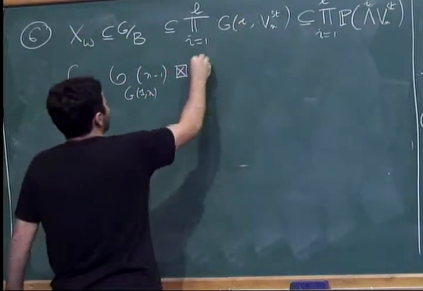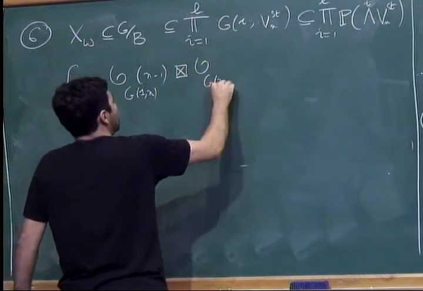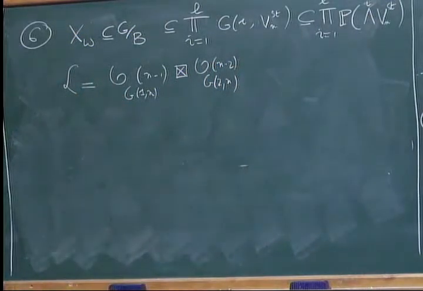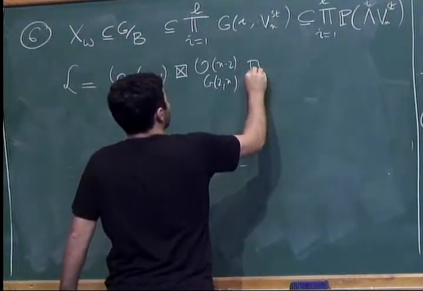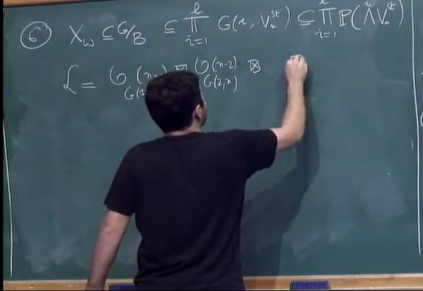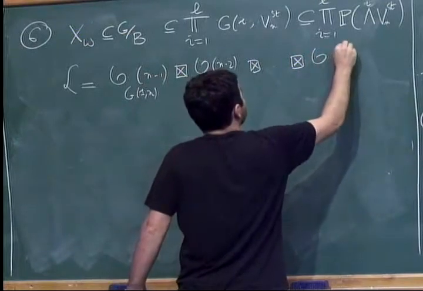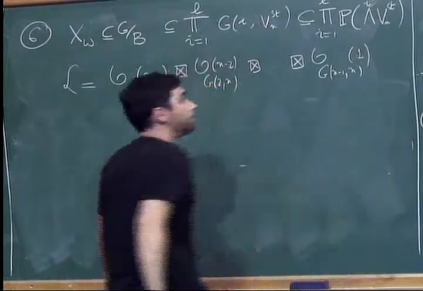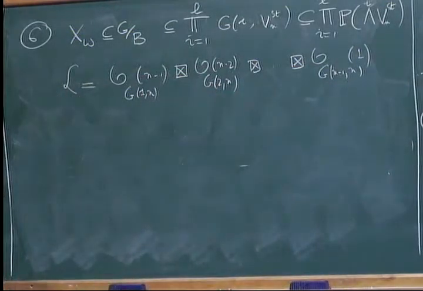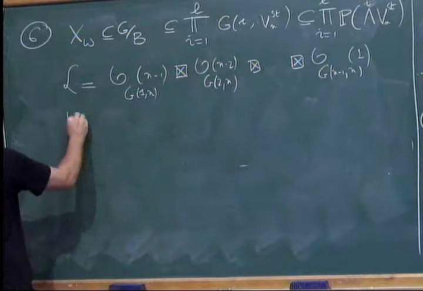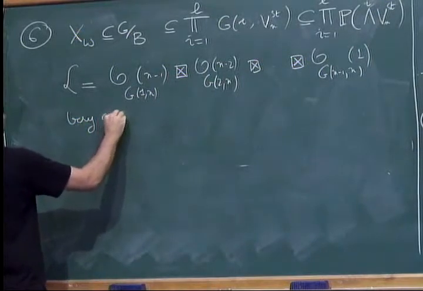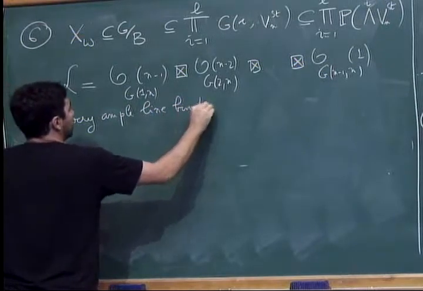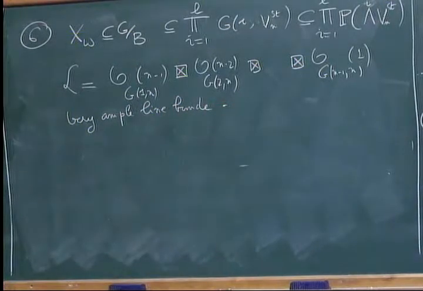This is the meaning of the tensor for G(2,n), so this is O(1) to the power n minus 2, and so on, and you end with O(1). So this is a very ample line bundle.